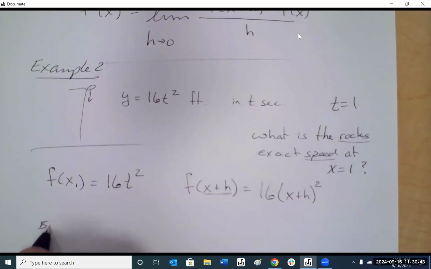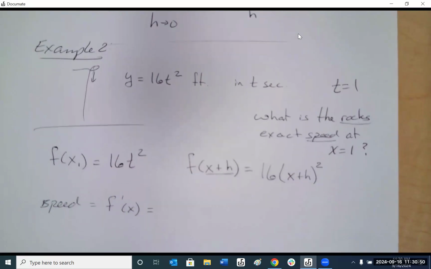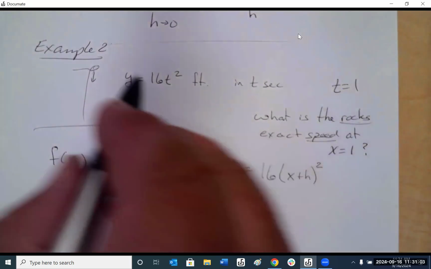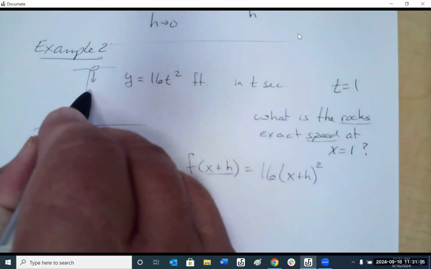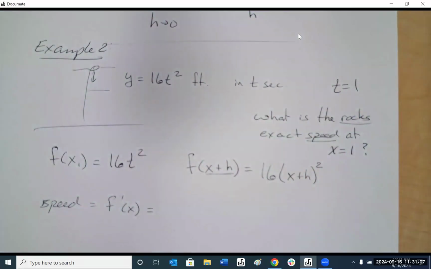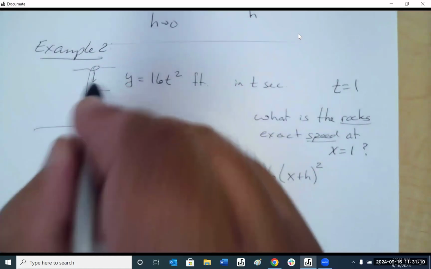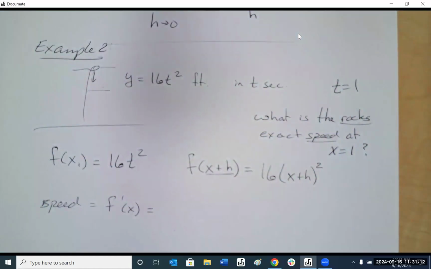So the speed, which is the derivative, we're going to talk about that again today. Speed is the derivative, it's the change of position. Think about it. From this position to this position, it's the change of position over change of time. That's what a derivative tells us.